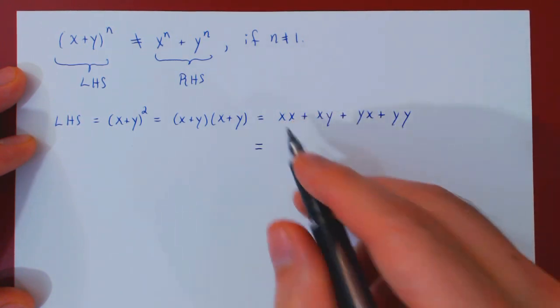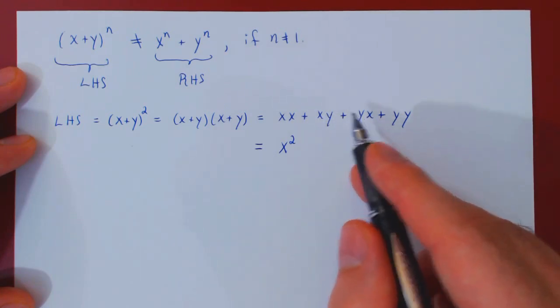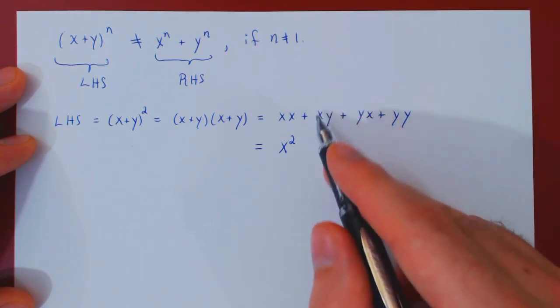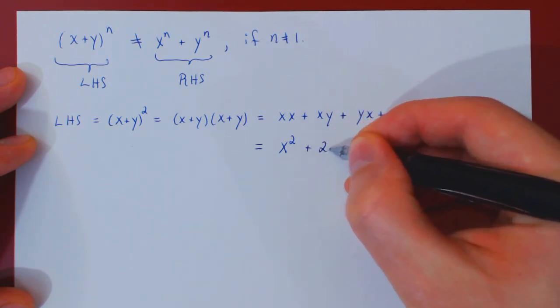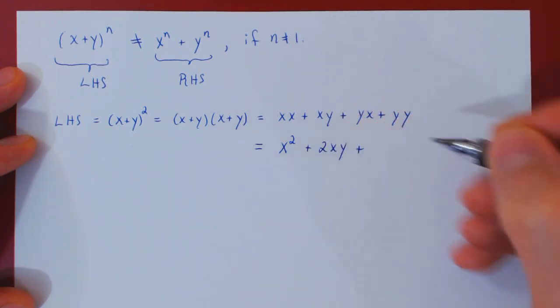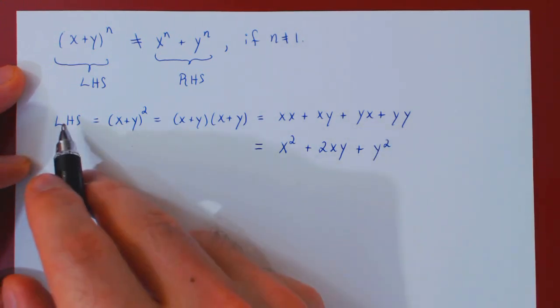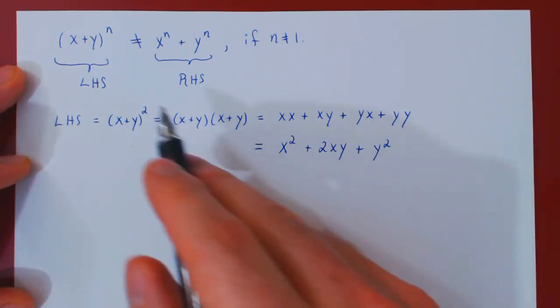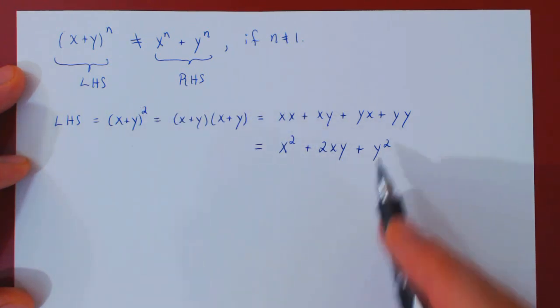We can simplify a bit. x times x is x squared. x times y and y times x are the same. So what we have here, if we combine, is 2xy plus y squared. So this is the result of our left-hand side when n equals 2. We get x squared plus 2xy plus y squared.